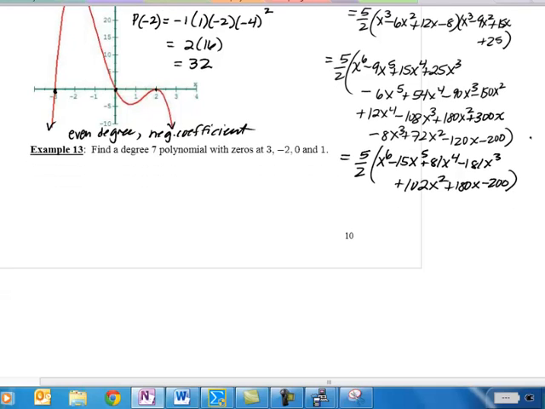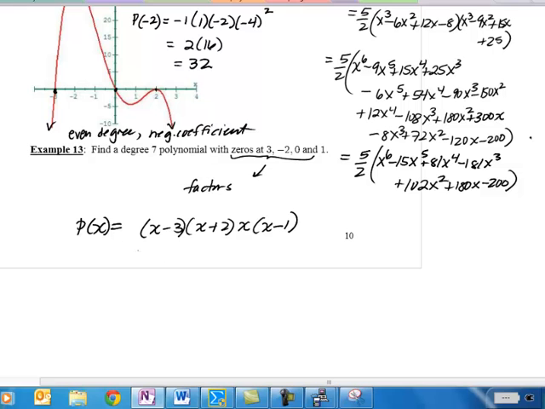And the last example here, find a degree 7 polynomial with zeros at 3, -2, 0, and 1. So again, this tells us our factors. So we could take p of x equals, we know we need a factor of x minus 3, of x plus 2, of x minus 0, or just x, and of x minus 1.